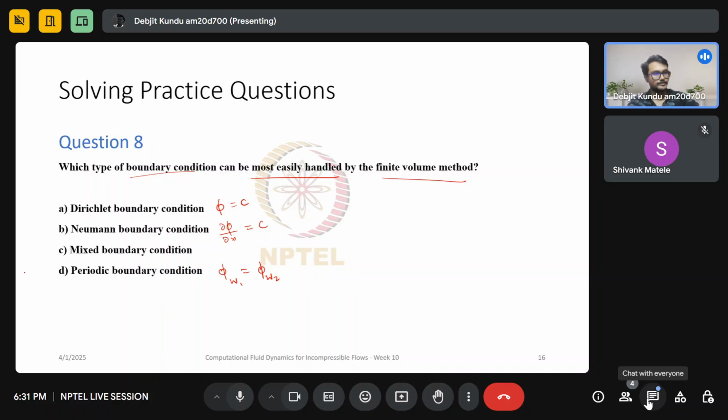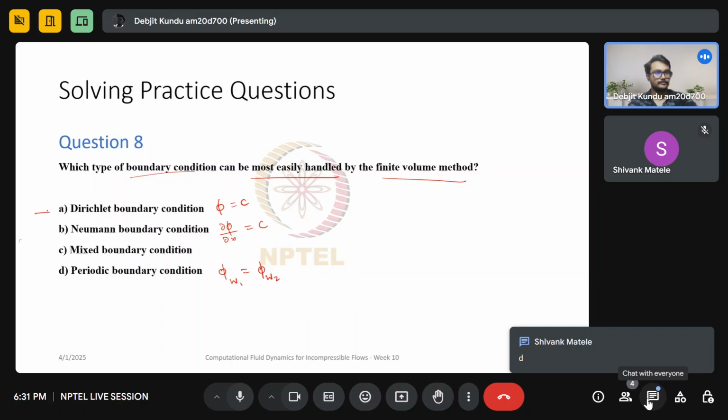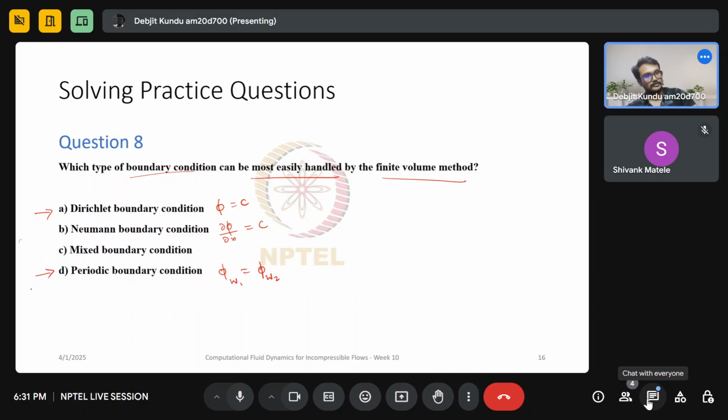Okay, we've got one response in favor of option A, which was then changed to option D. All right, let's take a look at the solution. It's actually option A, but if I can guess what you're thinking, then periodic boundary condition should also be the same.